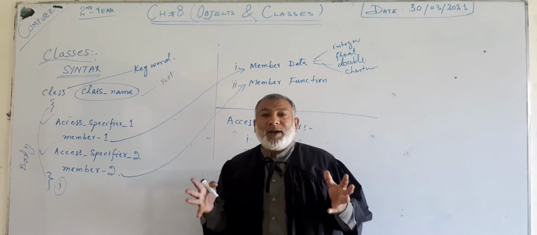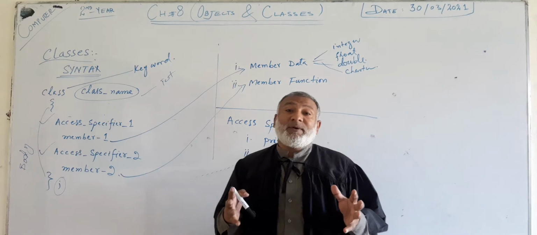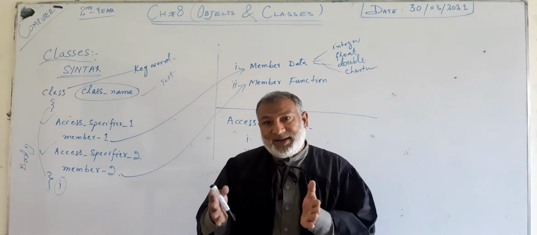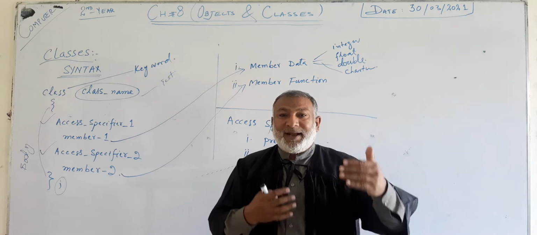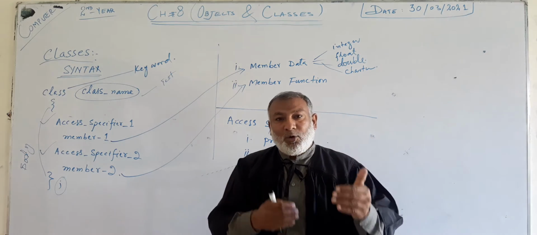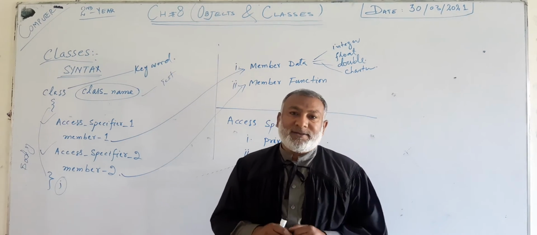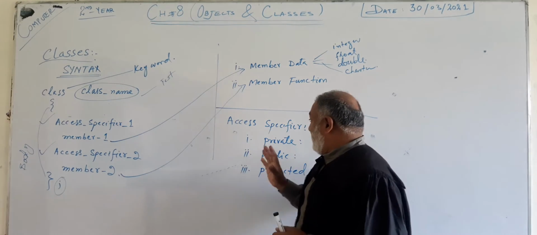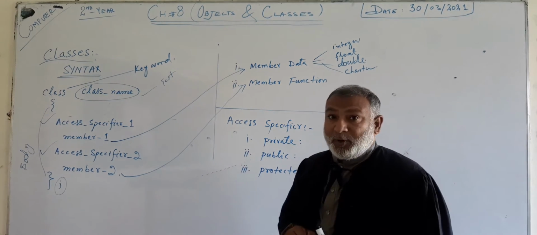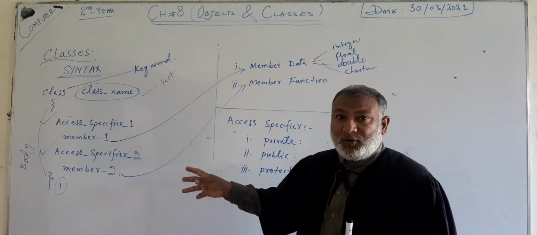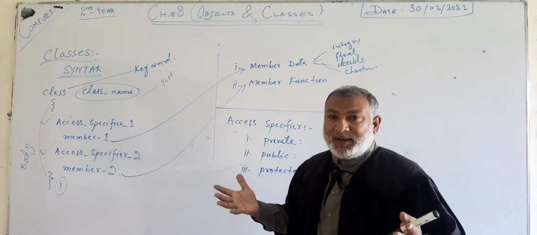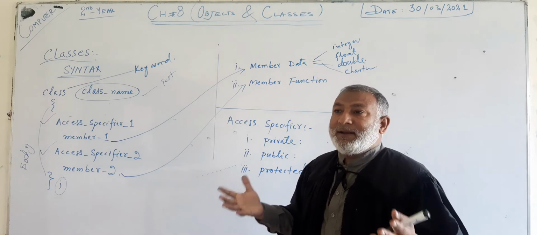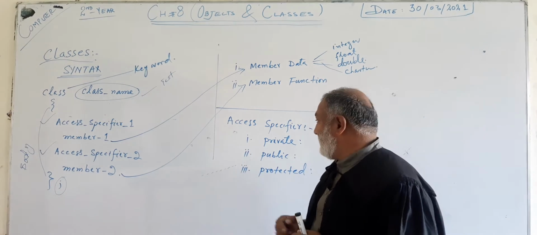So whenever a programmer wants to secure his data, he keeps it private. Private means that only inside the class it is visible and accessible. Now let's come towards public. I'm just giving a definition on these things, but further it will come in more detail and become clearer to you.